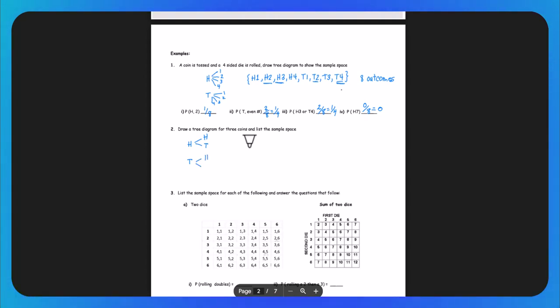Well, same thing. Even if we got a tail, we have H or T here. And then what about the third? Probably getting the idea here. Each one of these can also have an H or T coming off each one of the possible outcomes in the second coin toss.